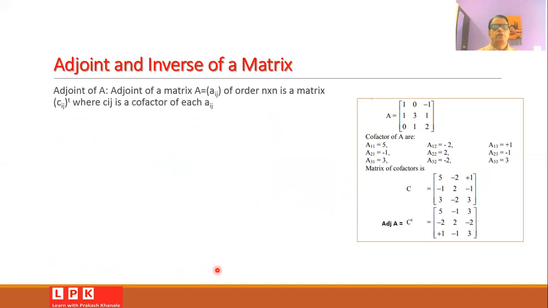Now let us go for the definition of adjoint and inverse of a matrix. Adjoint of a matrix A of order n by n can be obtained by using the cofactor of each element of the matrix.